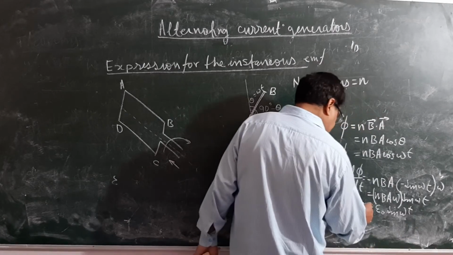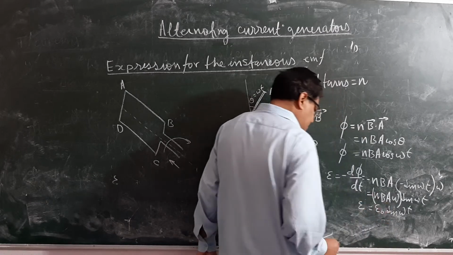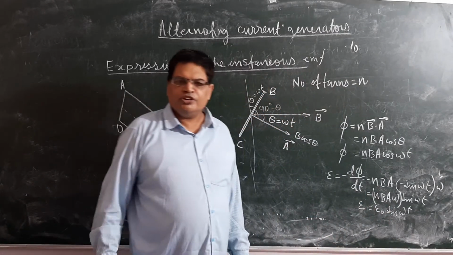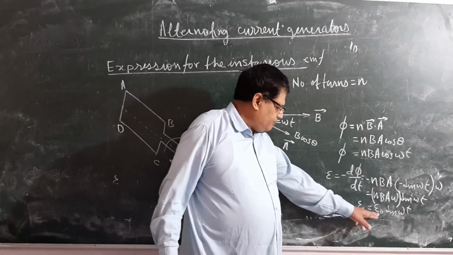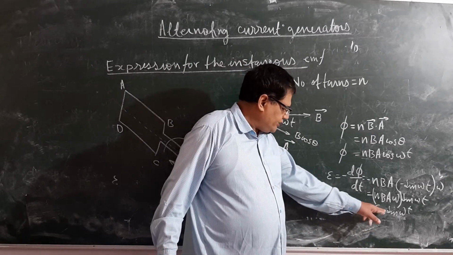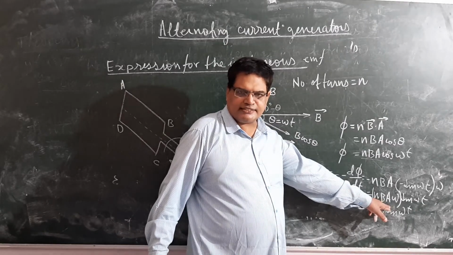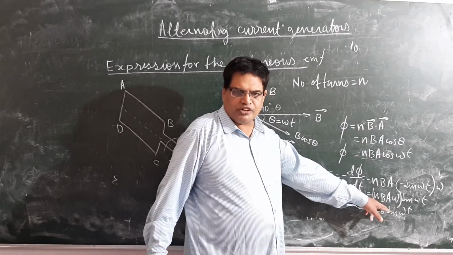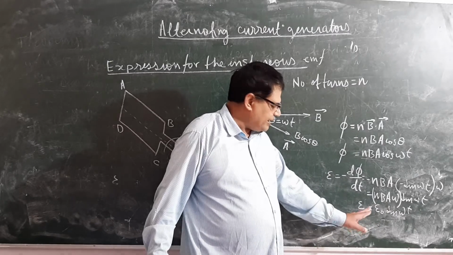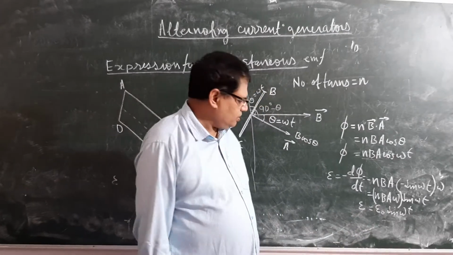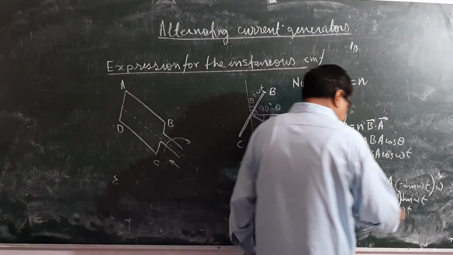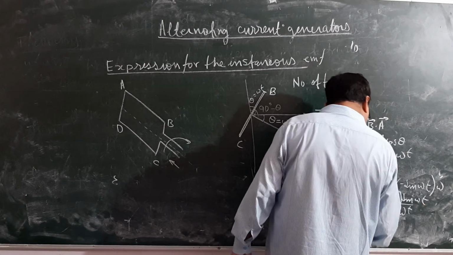So we have got a relation E is equal to E naught sin omega t. Now E will have a maximum value when omega t is equal to 90 degrees, or say 3 pi by 2. So this is the expression for the instantaneous EMF.